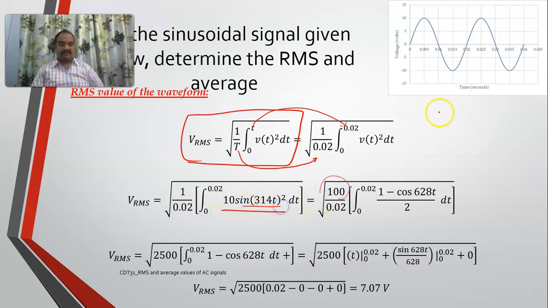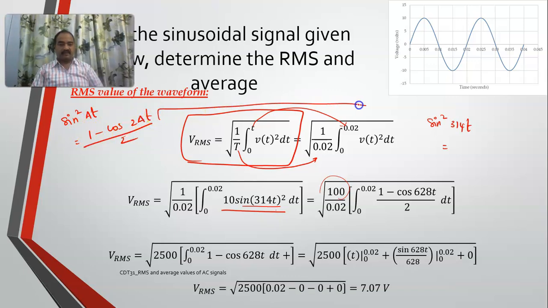But for sine square 314t, I can't get the direct integral, so I am using this expression: sine square at is equal to 1 minus cos 2at by 2. So I am employing this formula here. I'll get 1 minus cos 628t by 2.